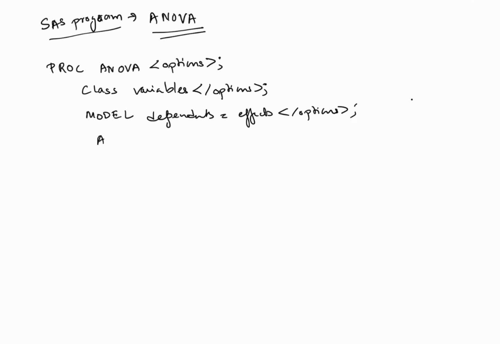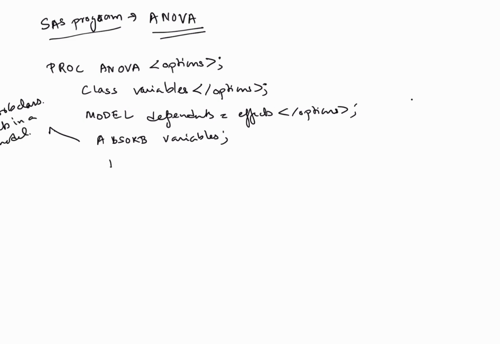You can also put OBSERVE as an option here, which is nothing but observe variables. This would be observe class of x in a model.